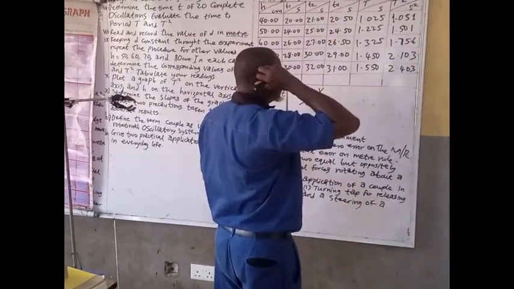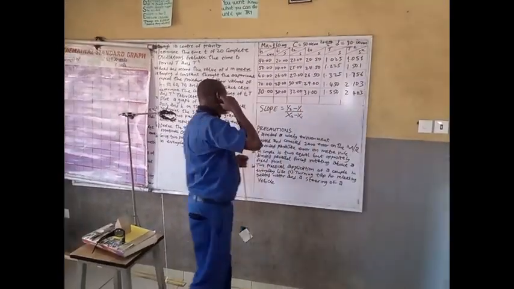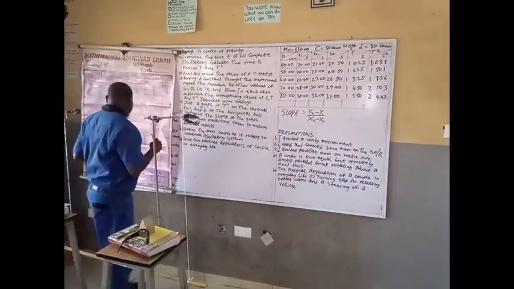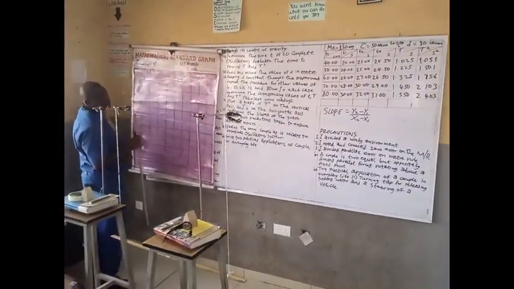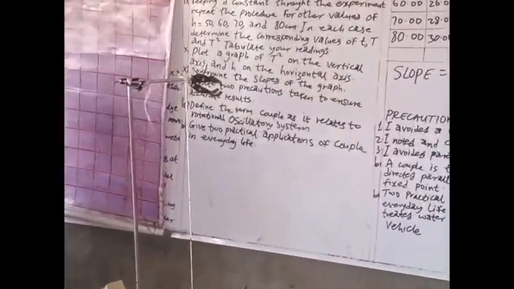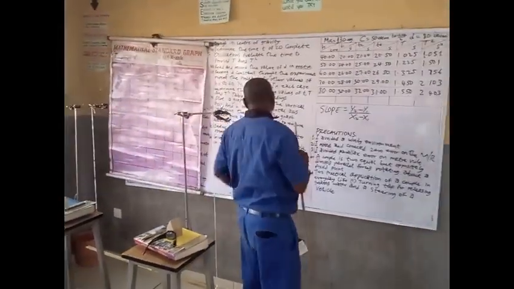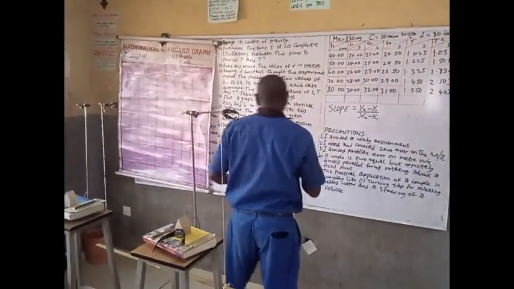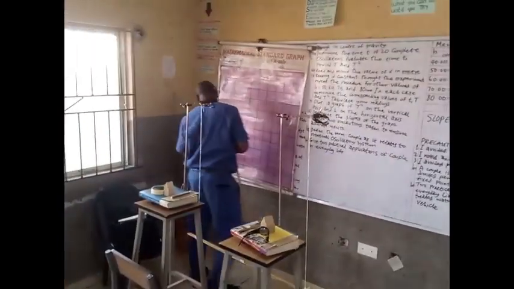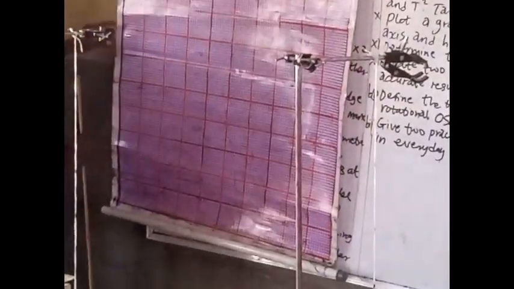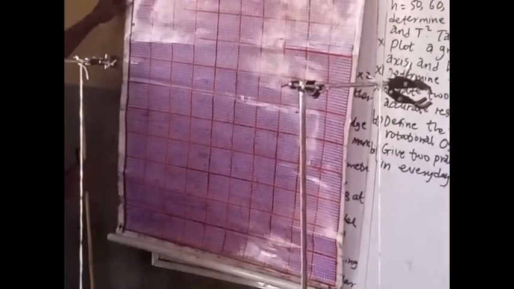As a result, we are going to use 0.5 to represent 10 small squares.